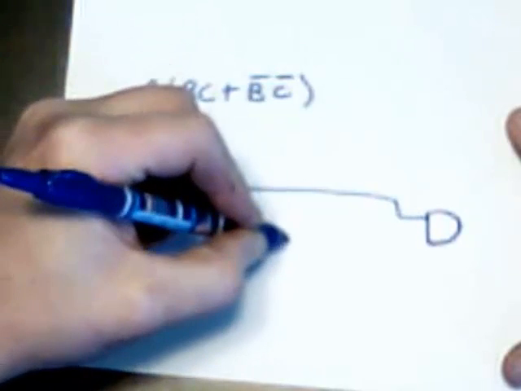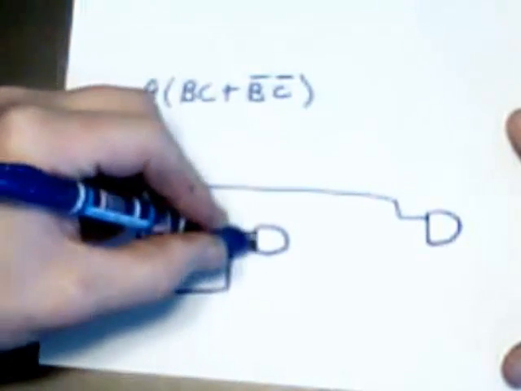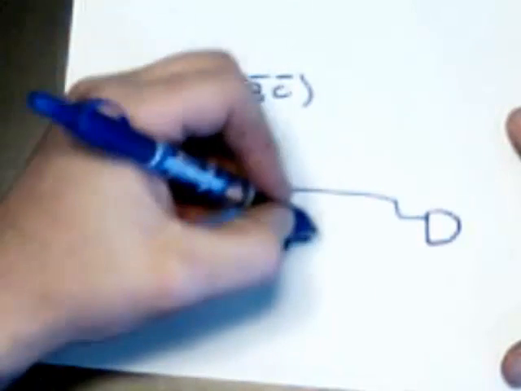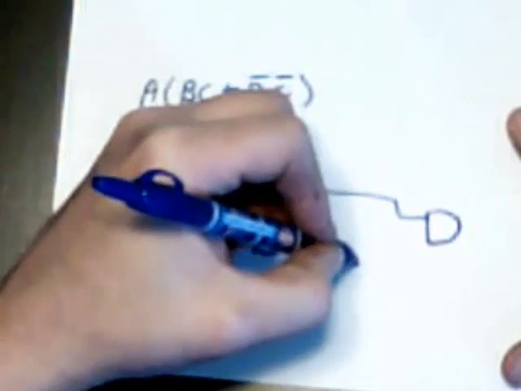So I'm going to do B times C. Here's my times sign. I'm going to have B go into there and C go into there. Here is B times C coming out. I need to add that, so I've got to figure out where to put the add sign. I'll put it over here.